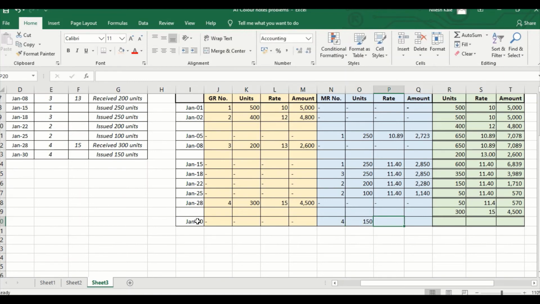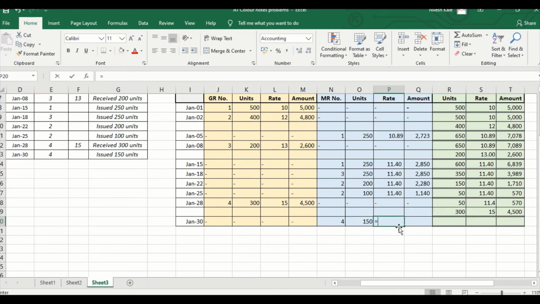And what is the price? I will calculate using the formula. And how do you calculate the formula? You have to add these two, divided by these two. So 4500 plus 570, it is 5070 divided by 350.